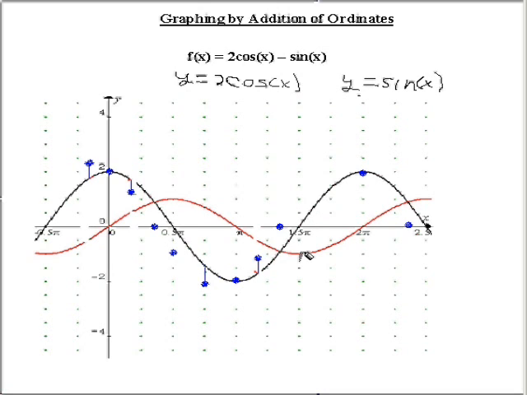Again, in this case, right here on the axis, we have the 2 cosine value as being 0, and we're going to subtract a -1. So that's going to put us up here at 1.